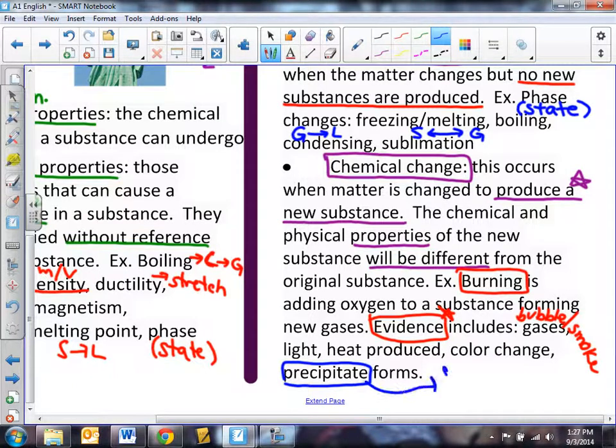So a precipitate is a solid that is insoluble. So it's something that doesn't dissolve in a solution. It shows up at the end of a reaction and it is a solid where it wasn't before. Are there any other descriptions on here or words that people would like to find or questions that people would like to ask?